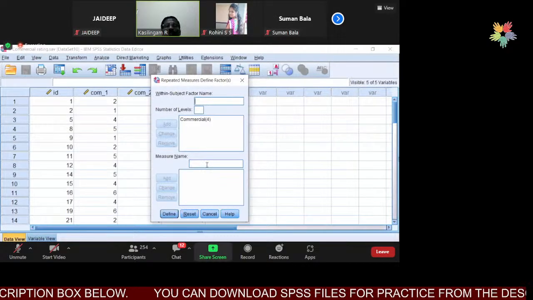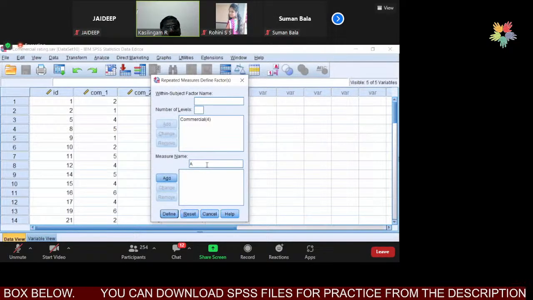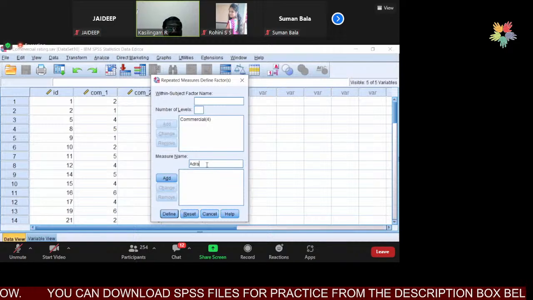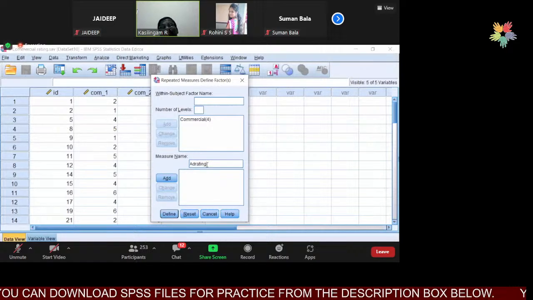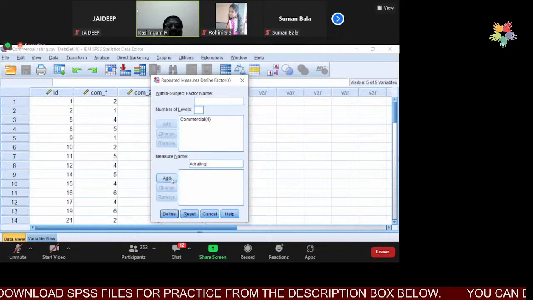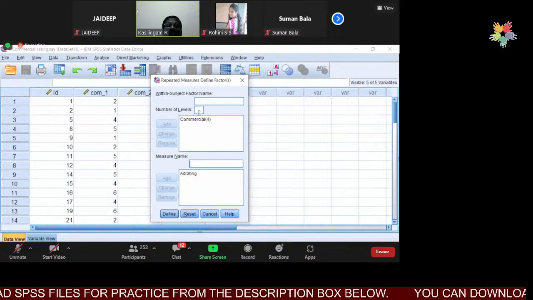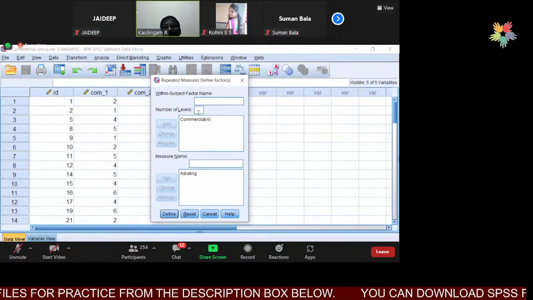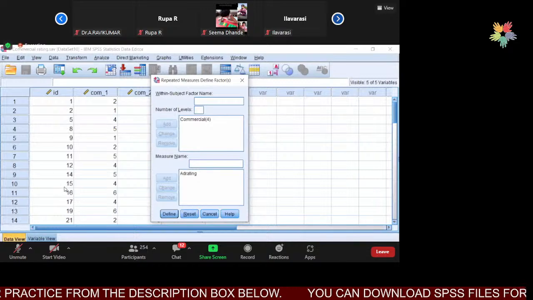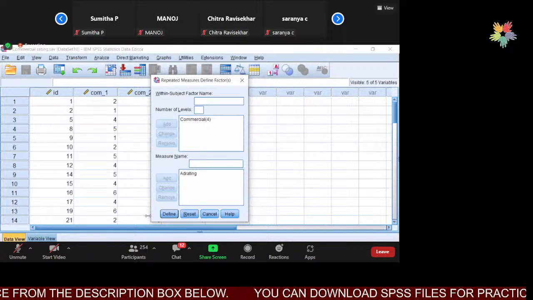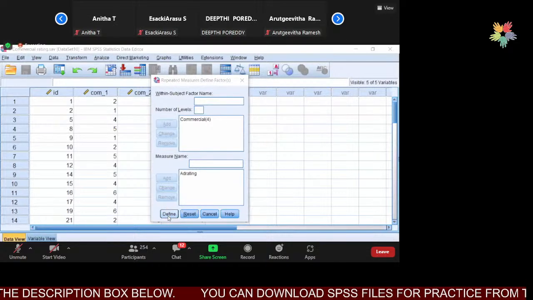So Measure Name, add rating. It is rating. You can give anything, but it is not necessary also. The only thing you need to give is the 4. Then define. Okay, so define.